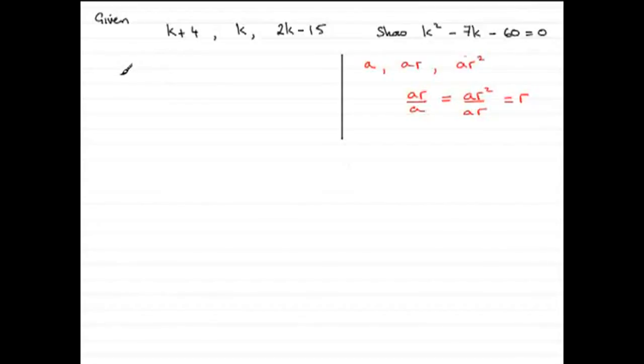What we need to do is simply divide any term by its previous term, and that will be the common ratio. So k over k plus 4 must equal this term here, 2k minus 15, divided by its previous term, k. Now, all I need to do is to multiply both sides by k plus 4.